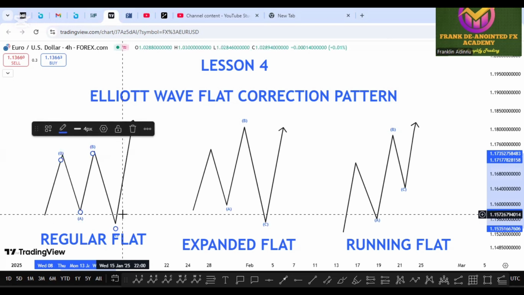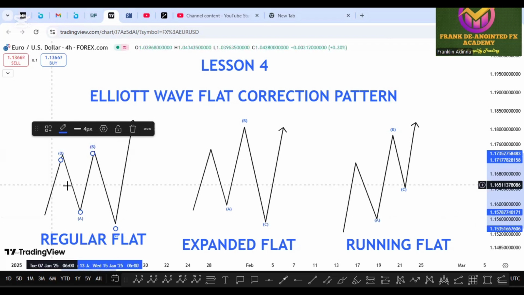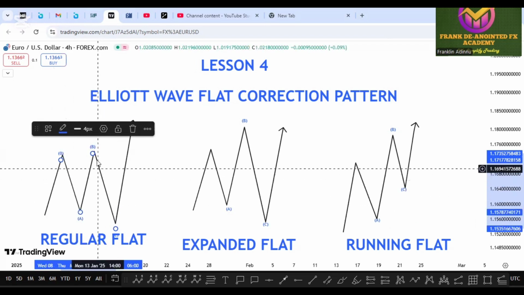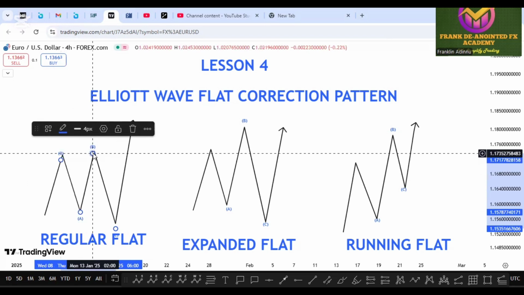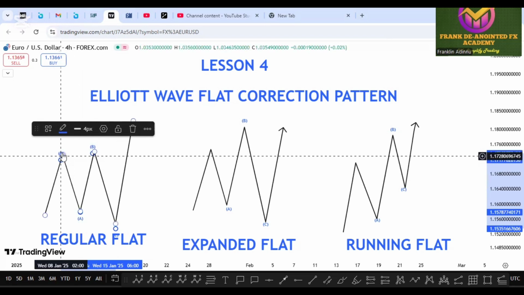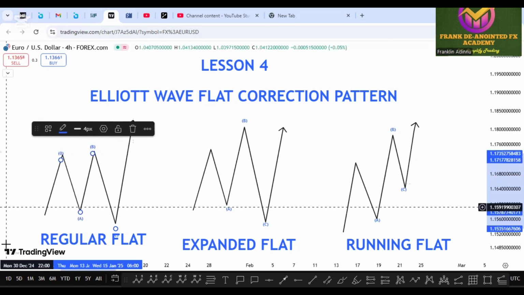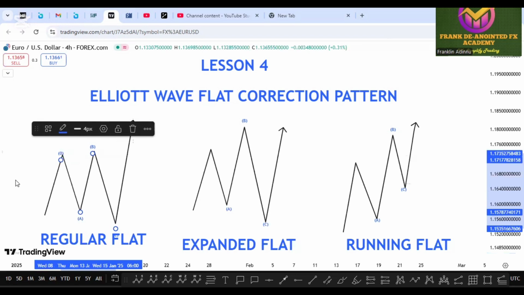So in this regular pattern, wave B will be equal to the starting point of wave A. This is where wave A started, and this is wave A. Let me use this to illustrate it well.